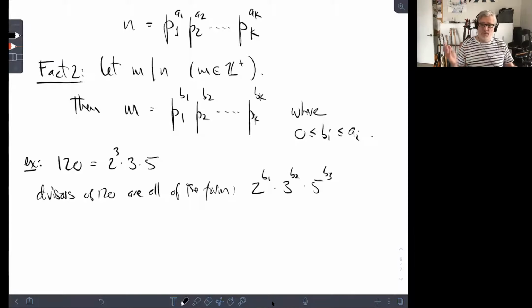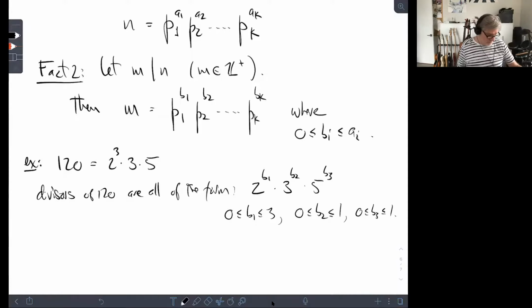B1 can be any number between 0 and 3. B2 is either 0 or 1, and same for B3. You can actually list them all.